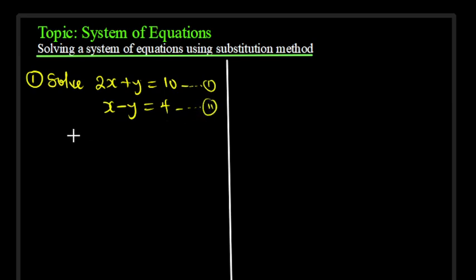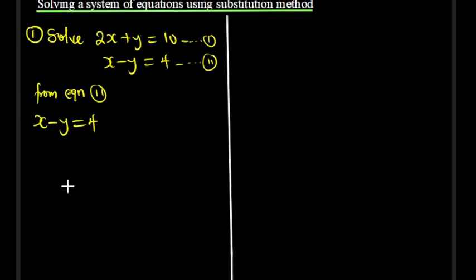So I will start with equation 2. From equation 2, we know that x minus y is equal to 4. The essence of starting with equation 2 is to isolate either x or y very easily.